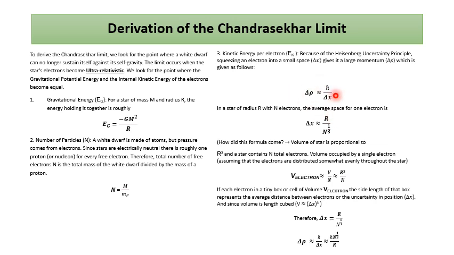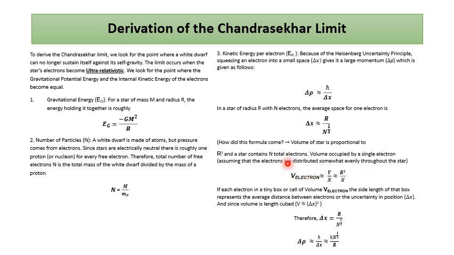In a star of radius R with N electrons, the average space for each electron will be simply delta x, which is proportional to R divided by N raised to the power 1 by 3. How did this come to be? The volume occupied by a single electron will be the volume of the star divided by the number of electrons. The volume of the star is proportional to R cubed.